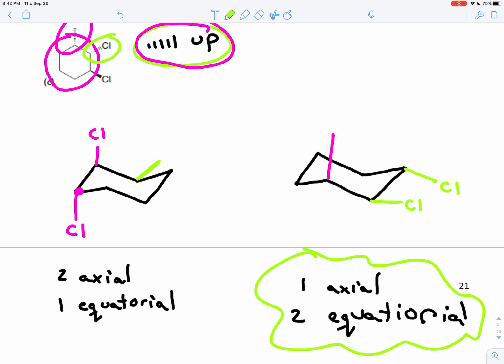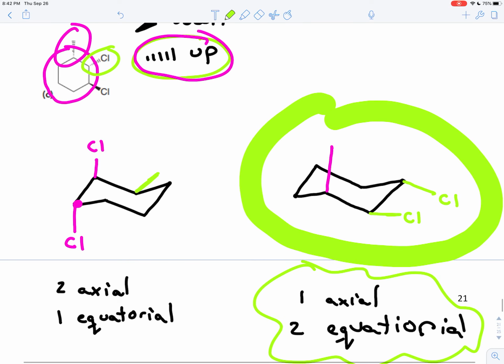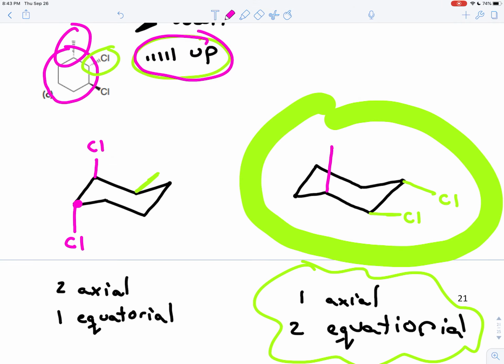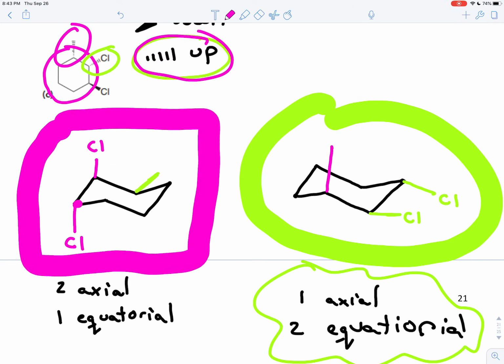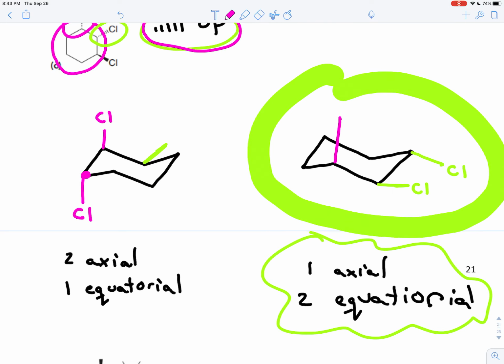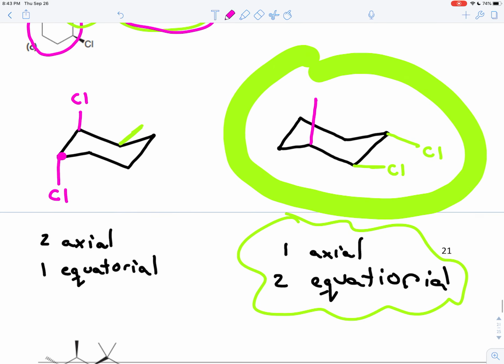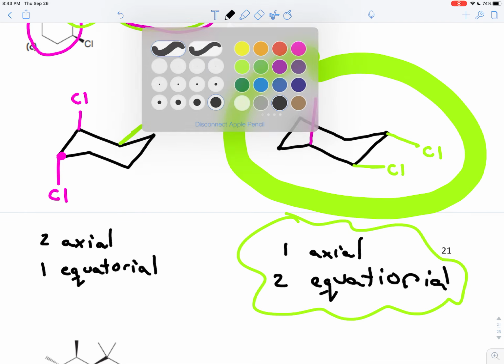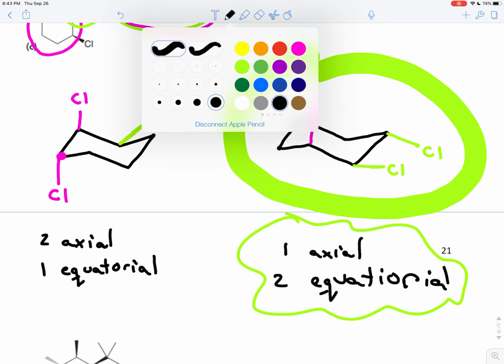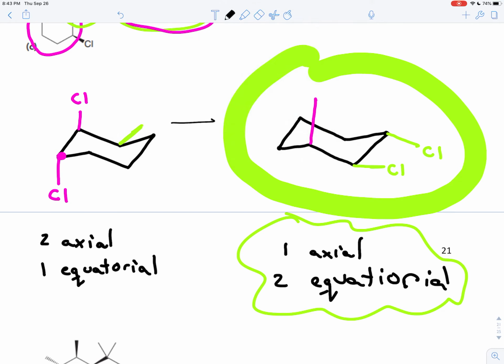And so here, that would be this conformation on the right. That's the most stable conformation for this cyclohexane. The other one, this one on the left, is not the most stable. That is an unstable way for the molecule to exist. At room temperature, they actually reach an equilibrium, but the equilibrium will strongly favor the products. So you'd have more products than you would have reactants.